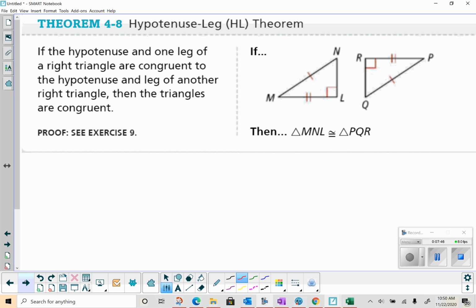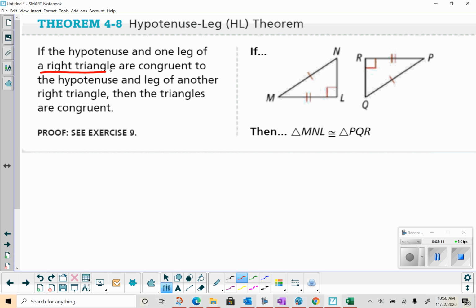Now again, I don't want to give you the impression, we're going to go through an example here in just a minute, that because it's called hypotenuse leg, that there are only two things. Side, side, side, side, angle, side. You need three pairs of corresponding parts that are congruent. Angle, side, angle, angle, angle, side. Always you need three pairs.